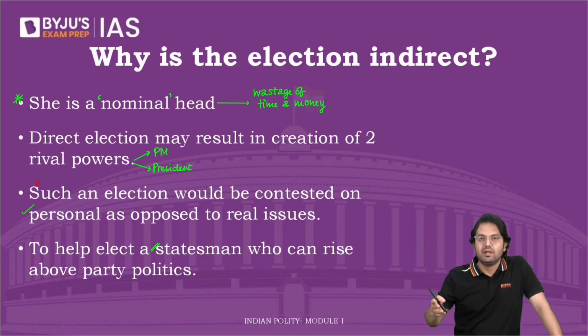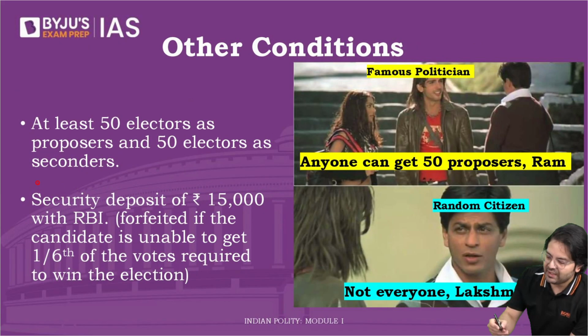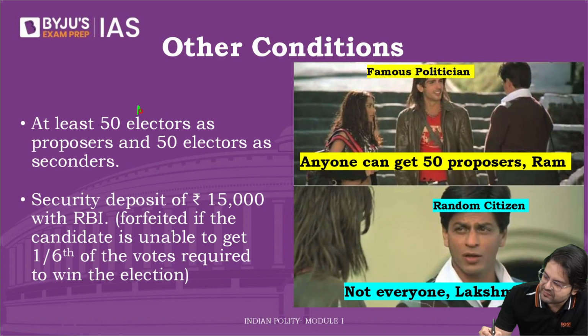They are called seconders. 100 people are required to propose and second the name. A common person may not get 100 people. Forget 100. A common person cannot get a single MP's sign. Are you kidding? Getting 100 MP signatures is impossible. That's the criteria, right? So now other conditions. At least 50 electors, meaning MPs, MLAs, all different people. They can't be the same person.